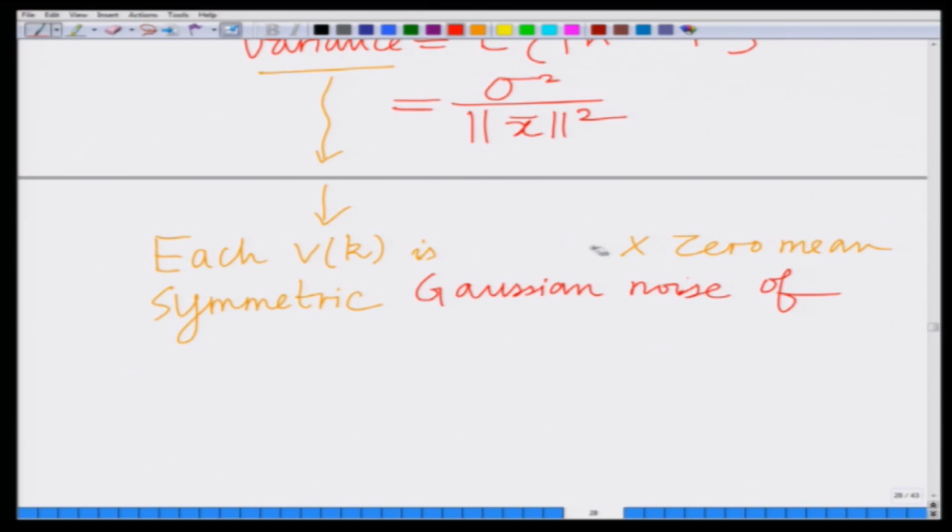In fact, let us also emphasize that the various Vks are IID, independent and identically distributed complex zero mean symmetric Gaussian noise of variance sigma square.